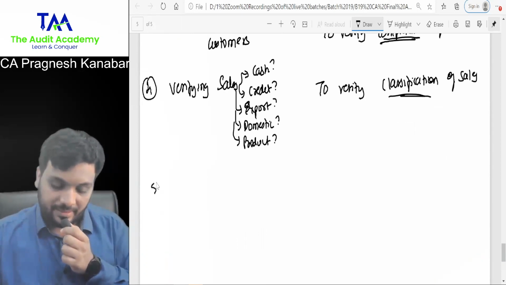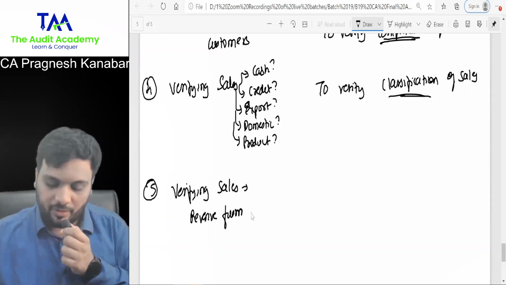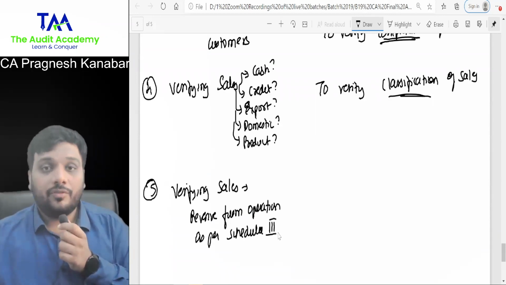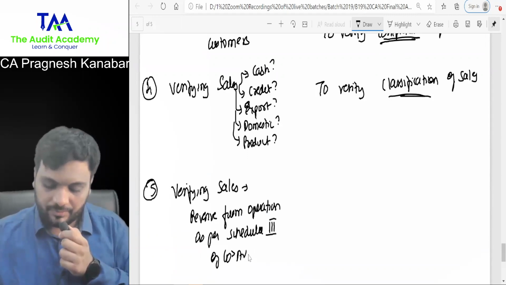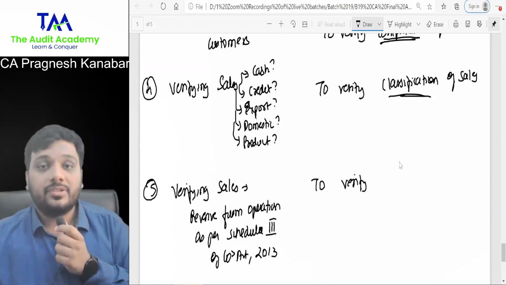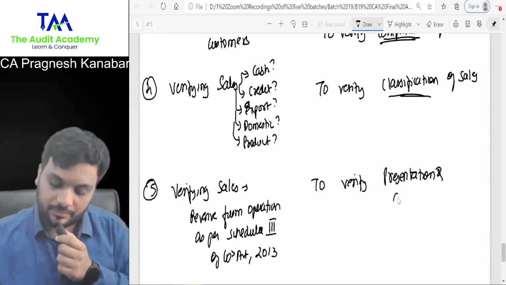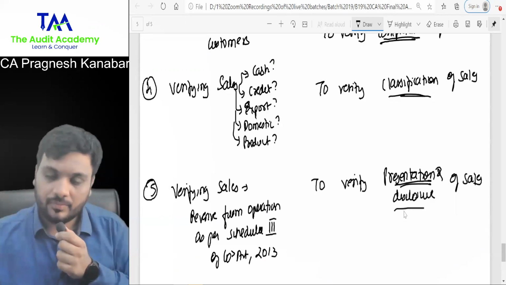Correct. Then when I am verifying whether sales has been recorded as revenue from operations as per Schedule 3 of Companies Act 2013, so correctly whether it has been shown as revenue from operations, I'm trying to verify the presentation and disclosure of sales.